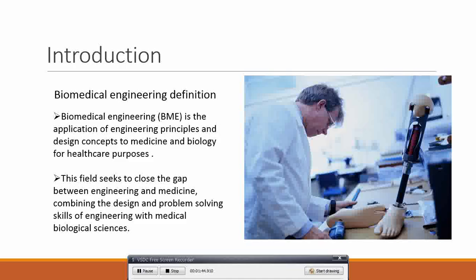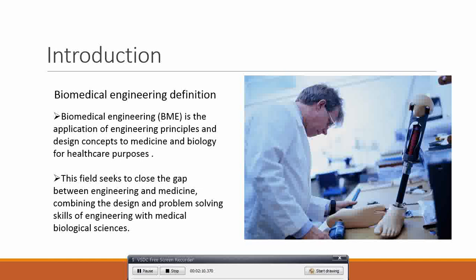So this is where the biomedical knowledge is combined with the engineering field, right? Then by combining this, you can come up with a design which can solve a particular problem based on the engineering skills and also the knowledge acquired from medical and biological sciences.